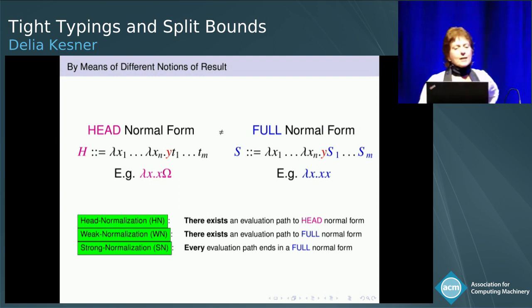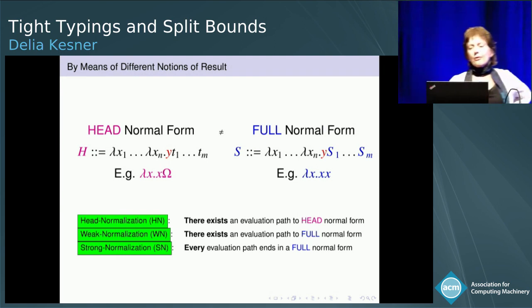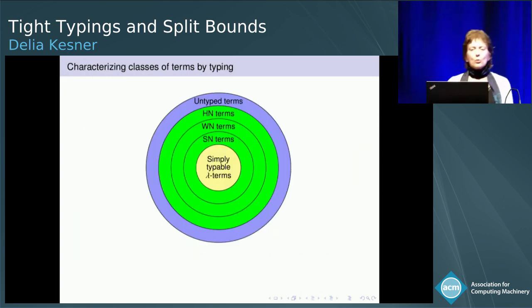Typically, a term is head normalizing if and only if there exists an evaluation path to head normal form, weakly normalizing if there exists one to full normal form, strongly normalizing if every path goes to full normal form, etc. So taking into account these properties, you can give some structure to the world of lambda terms.